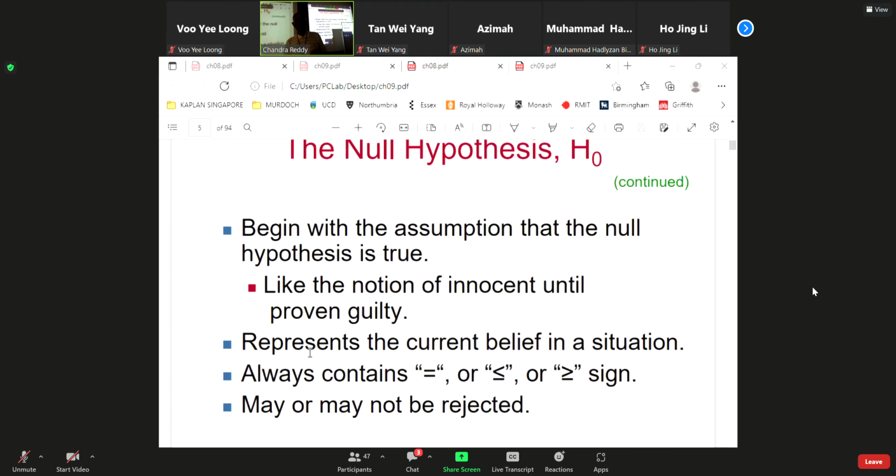The null hypothesis always begins with the assumption that the null hypothesis is true, because we are equating it. Like in law, you are innocent until proven guilty.